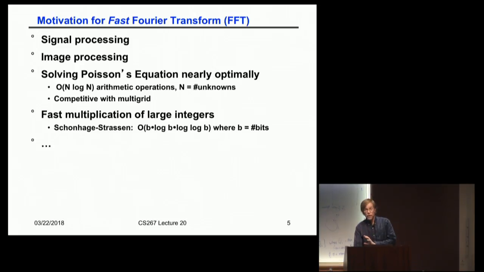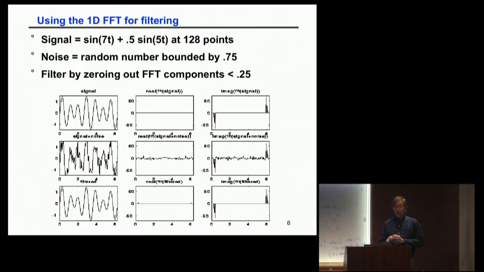So let me give you the simplest one-dimensional example, which is for filtering. I'm going to take a signal, which is just the sum of two sine curves of two different frequencies, 7 and 5, at 128 points. And there it is, this nice, wiggly, smooth curve. And when I take its FFT, because it is only the sum of two frequencies, the FFT is very, very simple.